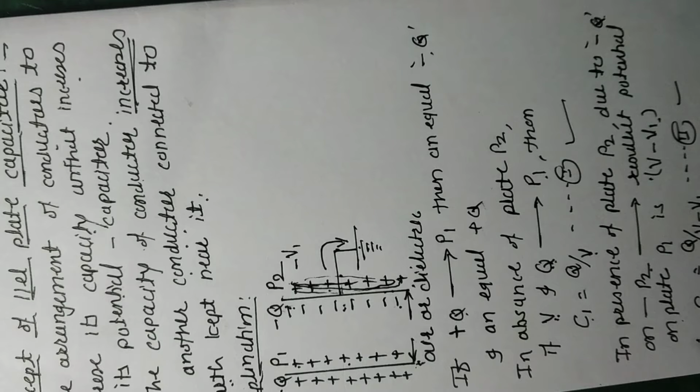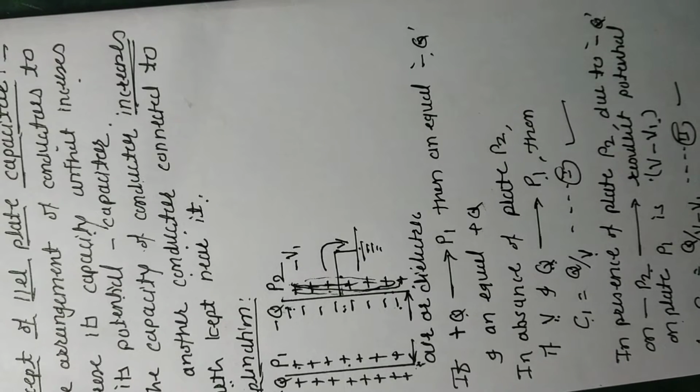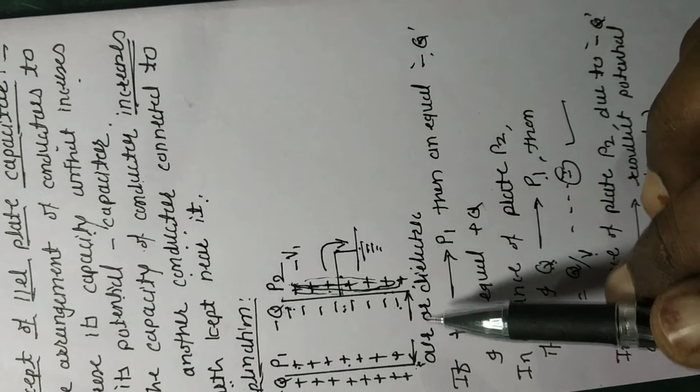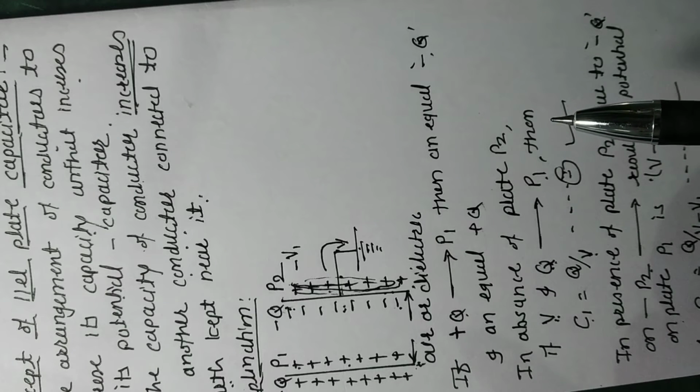This is our principle of capacitor. What is the principle of capacitor? The capacity of conductor increases if another conductor connected to earth is kept near it, means in presence of plate P2 capacity increases but its resultant potential decreases.